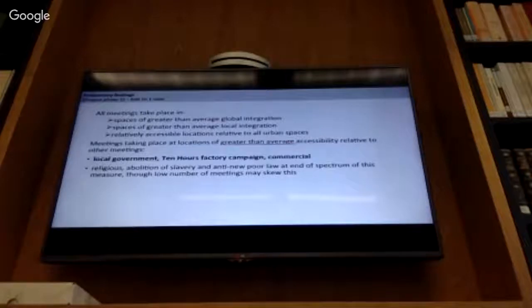Less integrated places, types of meetings: religious meetings, partly because some of the chapels are on the outskirts. Abolition of slavery meetings actually occurred in less integrated places, which was an interesting finding. Also, meetings in the 1830s, although again our sample was a bit smaller, so that might have been skewed by a small sample.